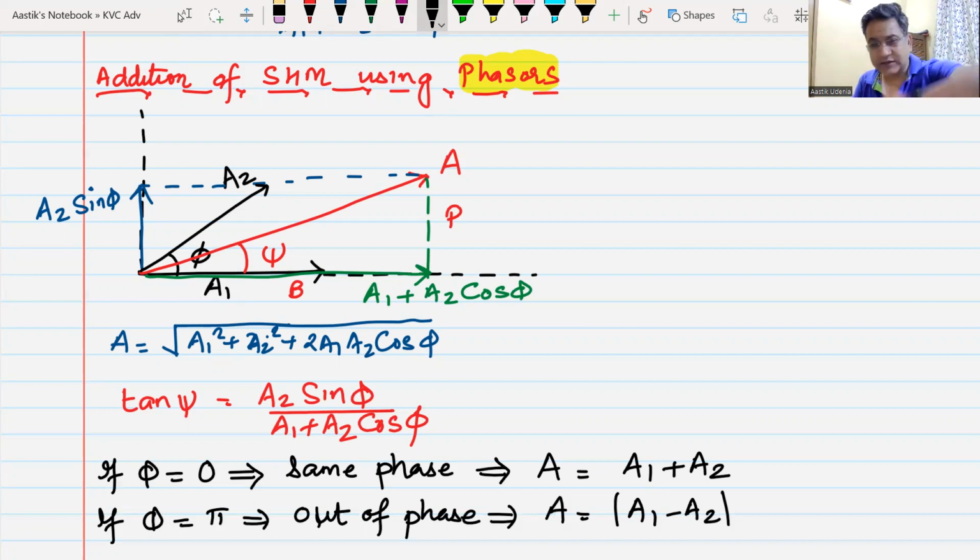Sometimes it will increase, sometimes it will decrease, and we cannot apply this logic. Do we understand this? Have you noted this down?